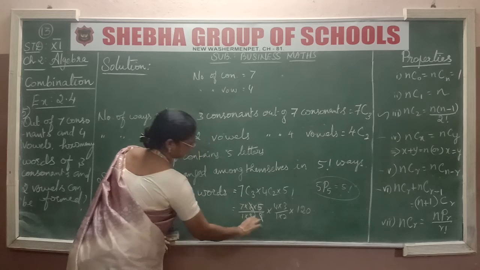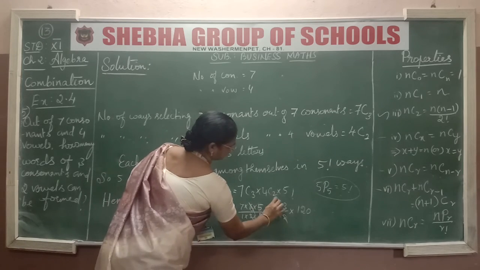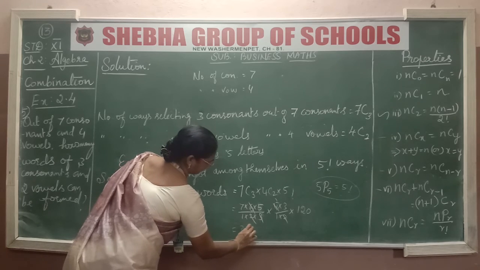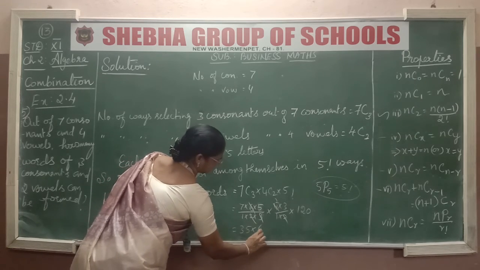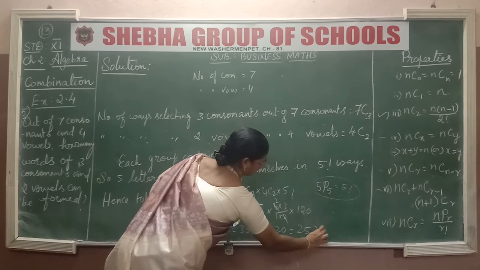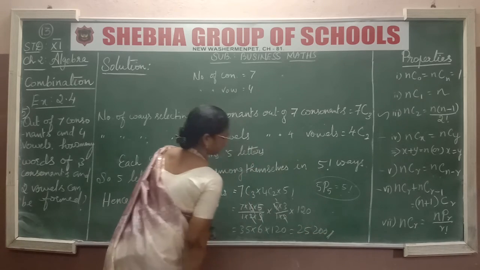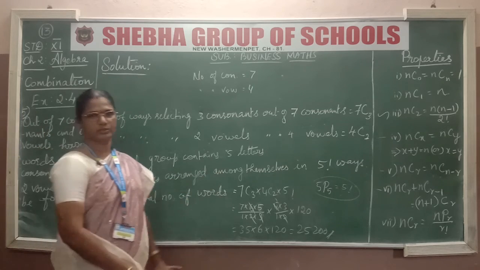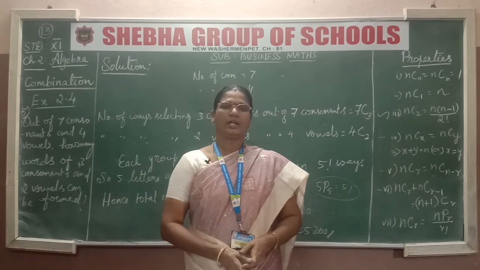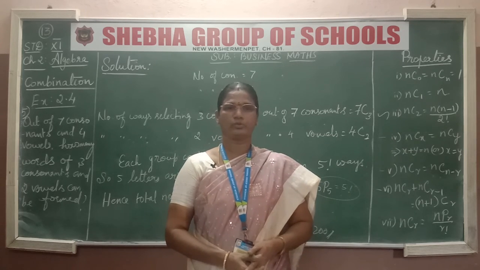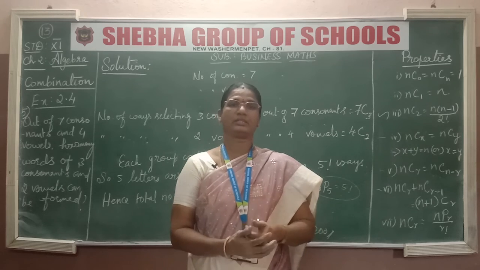Cancelling, and here also 2, we get 35 into 6 into 120, which is equal to 25,200. So the total number of words is 25,200. Understood?